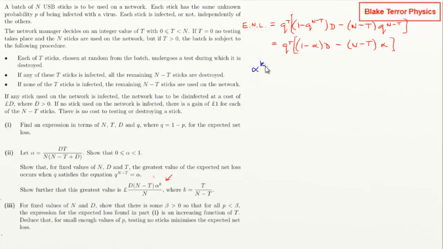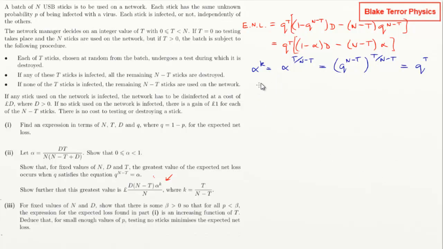So alpha to the k, this will guide me towards where I'm trying to go. So that is alpha to the t over n minus t, and that is equal to q to the n minus t to the t over n minus t, which is q to the t. Okay, right, so that certainly helps.